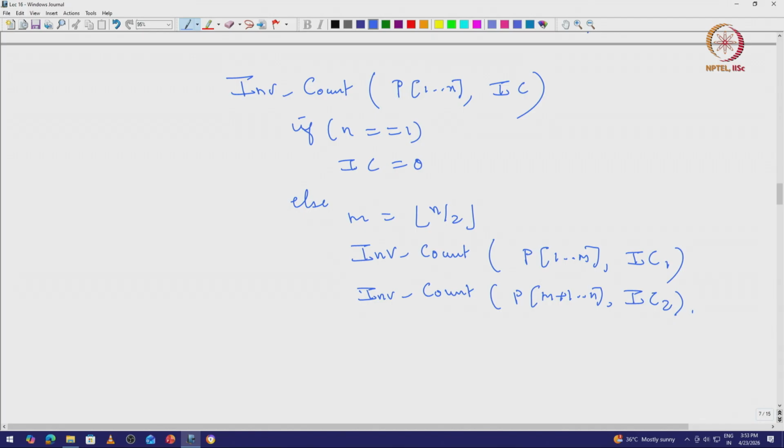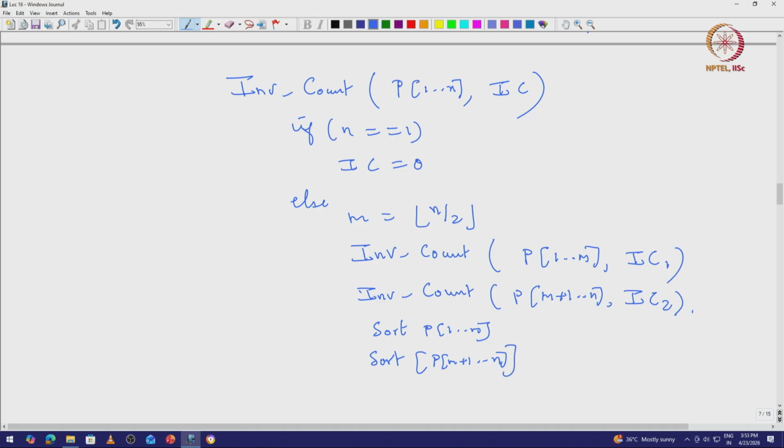You have to find the cross count, but if I simply work with these two arrays, it will be n square. So, what I do is sort P 1 to m. You can use heap sort, it leaves the sorted sequence in the same place. Then sort P m plus 1 to n.